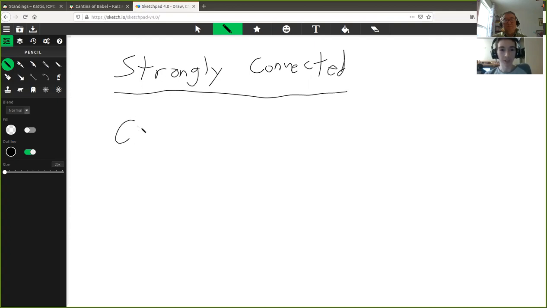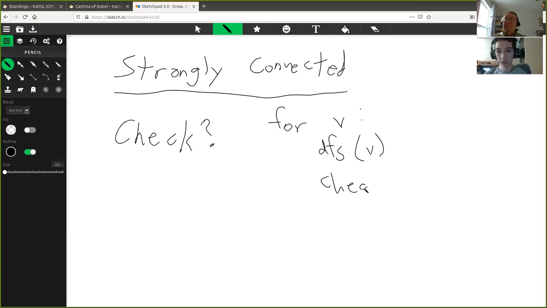So as a warm-up, how do you check if a given graph is strongly connected? An easy way would be, for all vertices V, you can do a DFS starting at V and check that all vertices U are visited.